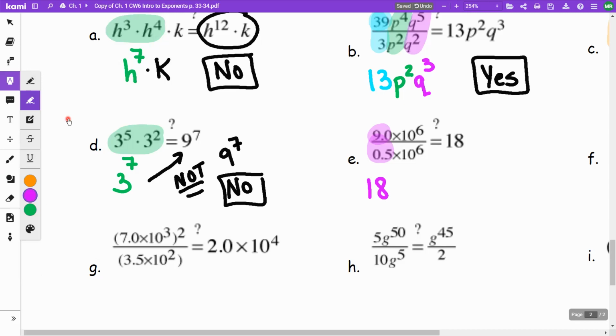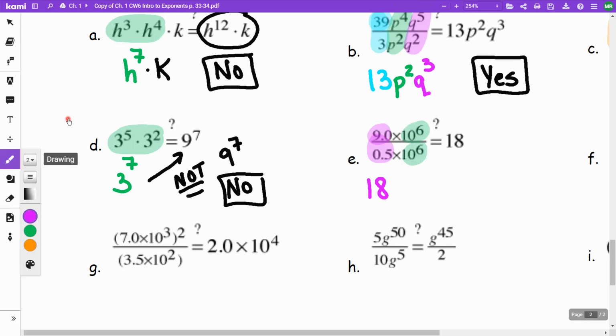And then when I am looking at my 10 to the 6th and 10 to the 6th, those are going to cancel out. If you want to think about it, I do have times 10 to the 0, but we learned that anything raised to the power of 0 is just a fancy 1. So my answer is 18. So this is yes.